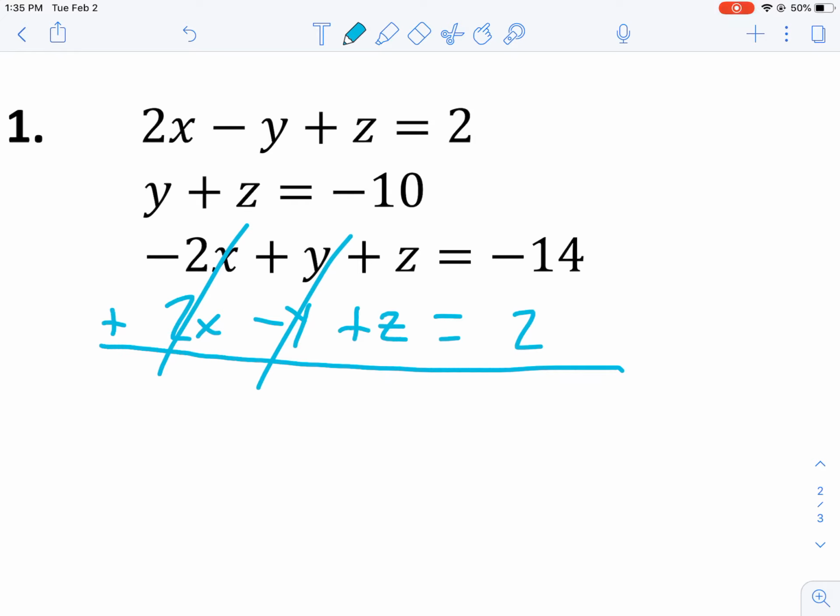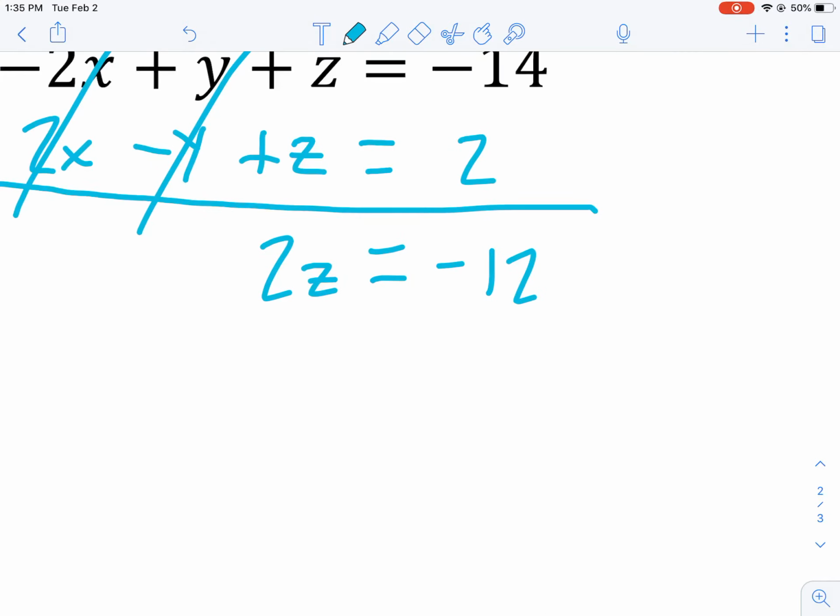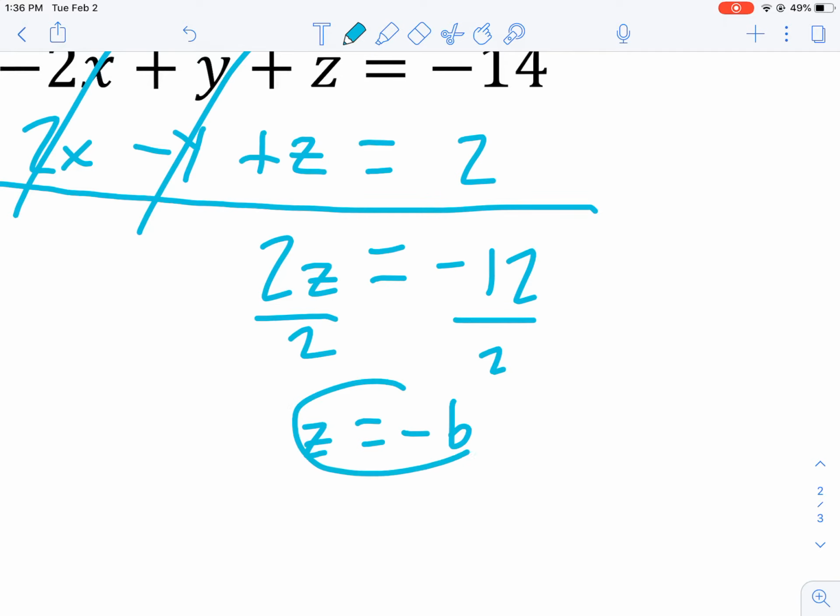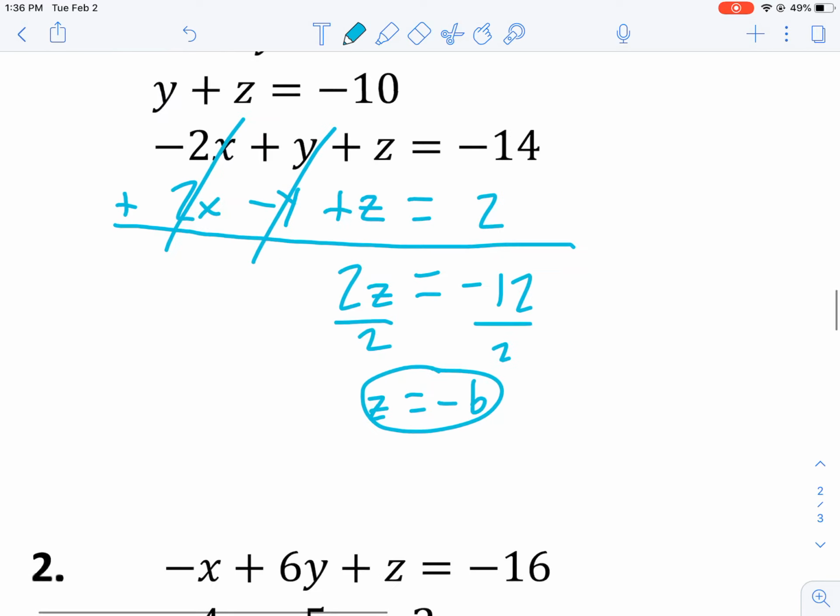Y minus y cancels out. And what we're left with is z plus z, which is 2z. Negative 14 plus 2 is negative 12. And so we can actually solve for z. So you're not really going to get the full experience on this one, similar to substitution. The first one, you didn't really get the full experience, but you get to see what's going on. So we get z equals negative 6, and that's actually our first letter.